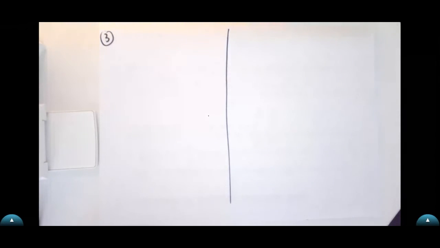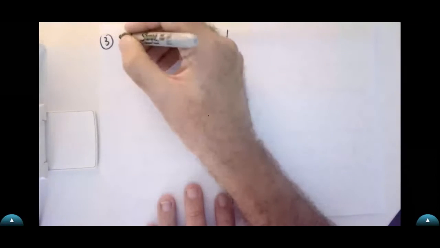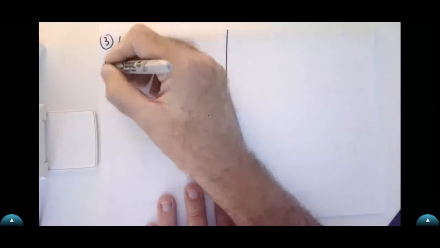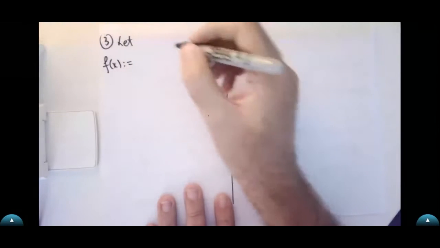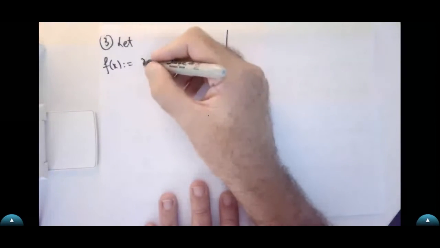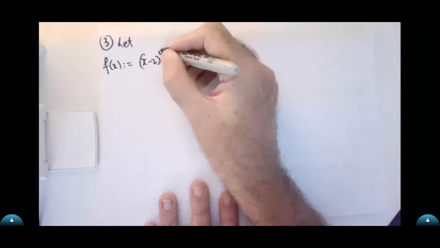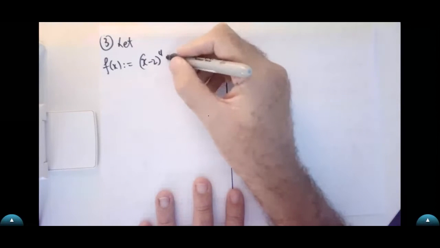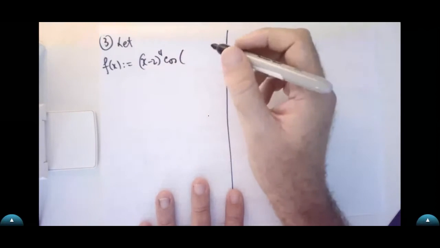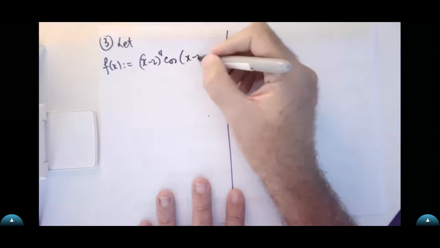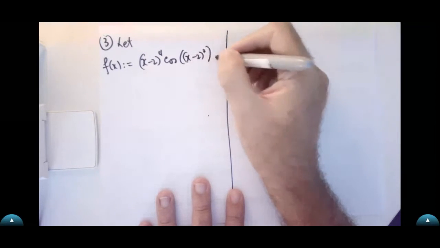So our function is a crazy function. It is x minus 2 to the power 4 times cosine, and I've just factored this thing in the brackets.